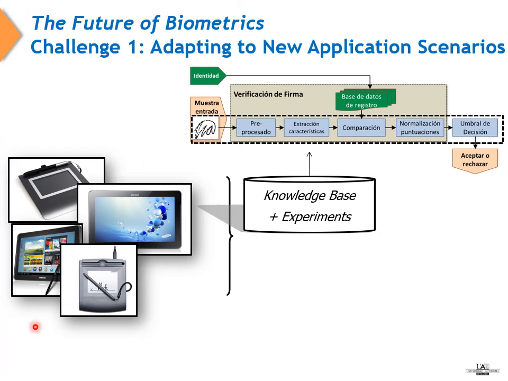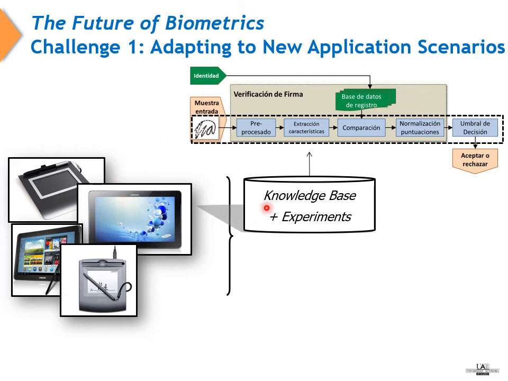So we capture, let's say, 100 people, 1,000 people, many sessions. We compare all of them, genuine comparisons, impostor comparisons, in conditions similar to the ones that we are going to find in real applications. And then this is helpful to design or adapt the pre-processing stage, the feature extraction, the comparison, and so on. This way we design our system based on this data.